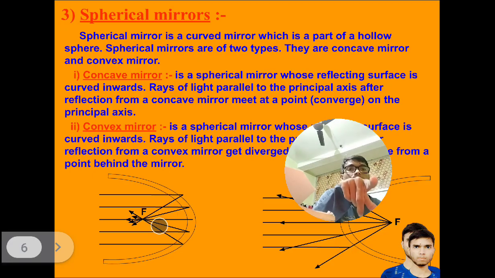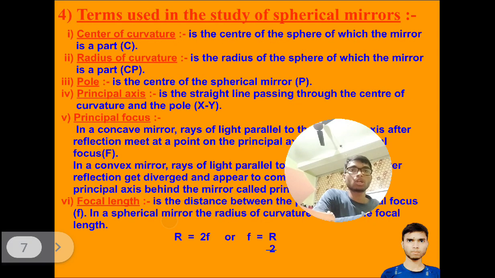Right now the radius is not mentioned over here, but I am telling you it will be mentioned over this line in an upcoming slide. In detail I will tell you. Next is the pole. Pole is the center of the spherical mirror.